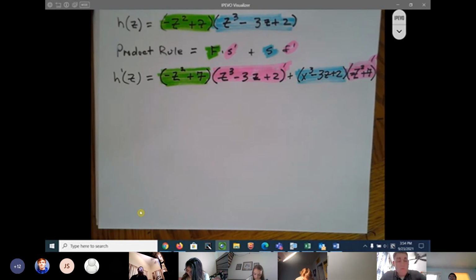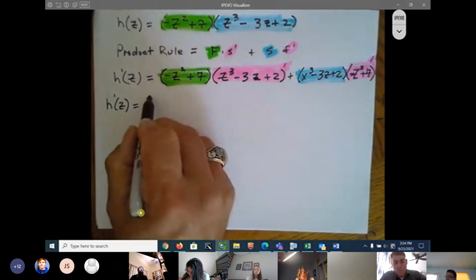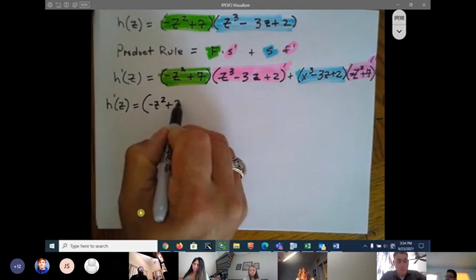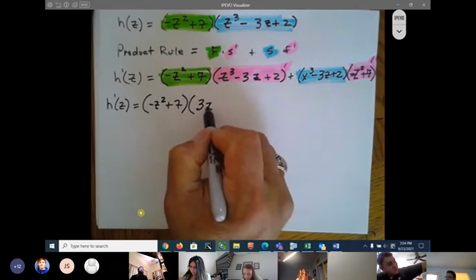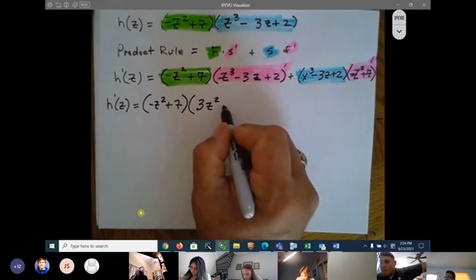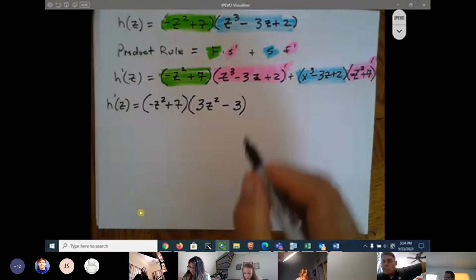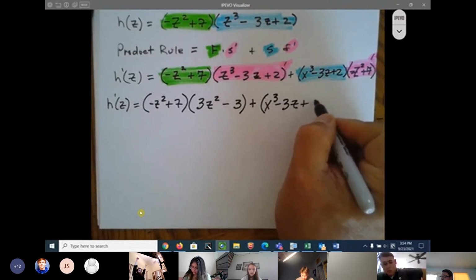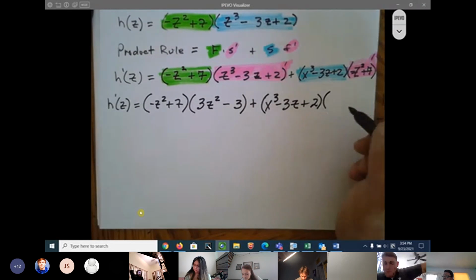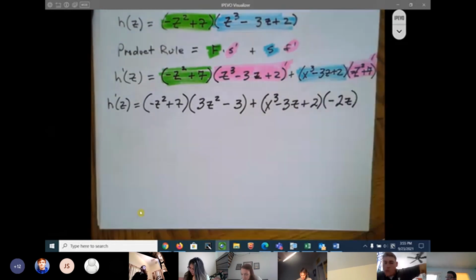All right, so here we go. h prime of z is equal to negative z squared plus 7 times the derivative of z to the third, which is 3z squared minus 3 plus 0, plus z cubed minus 3z plus 2 times the derivative of negative z to the second power, which is negative 2z plus 0.